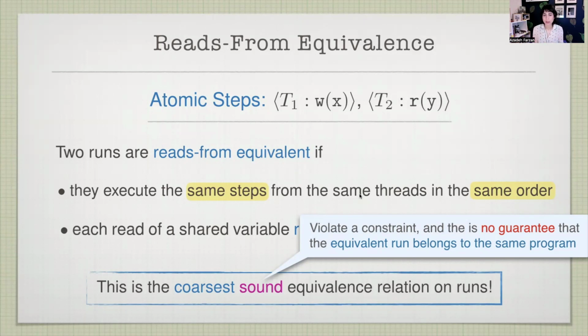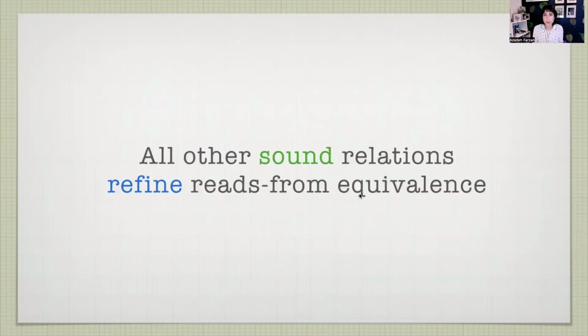So that is, in a sense, the intuition behind this being the coarsest relation that you can define that would be sound. And by virtue of this being the coarsest relation, any other sound relation that anyone ever wants to invent and work with would be a refinement of this relation. And for any relation that you have, if you want to talk about its soundness, you just prove that it's refining this relation and as such is sound.